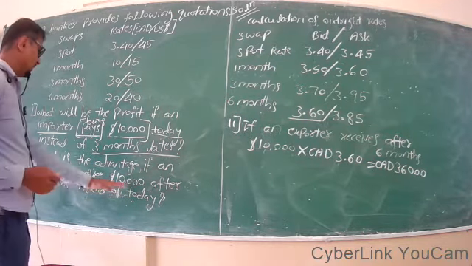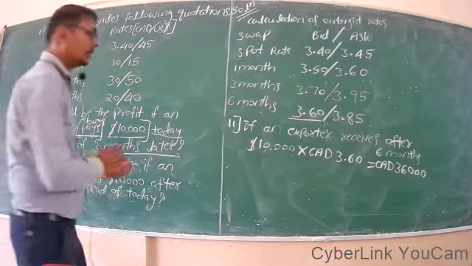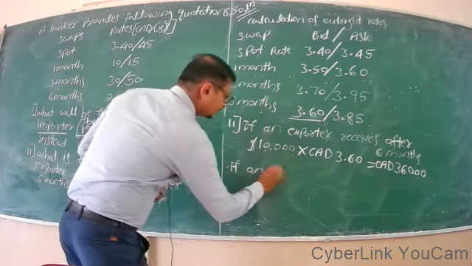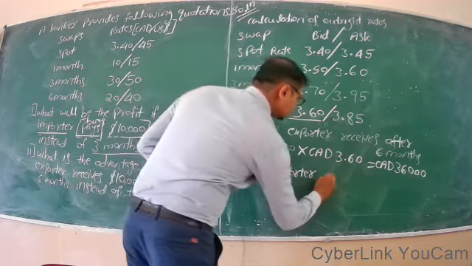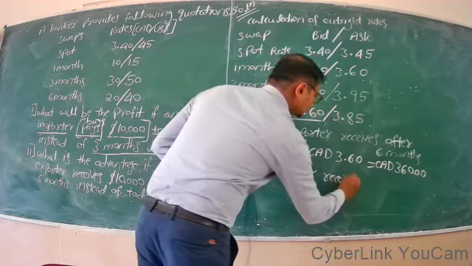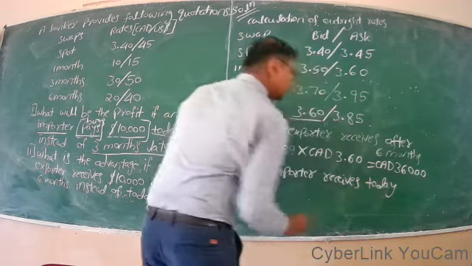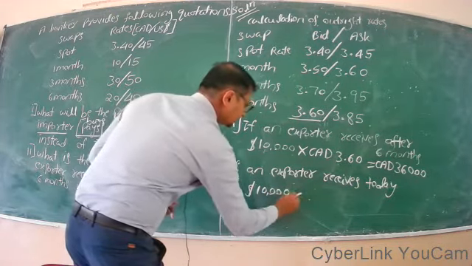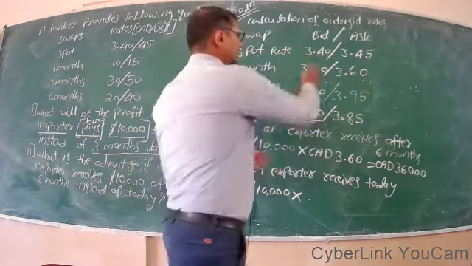If exporter receives $10,000 after 6 months instead of today, what happens? If an exporter receives 10,000 US dollar today, he has to sell it at the spot rate.